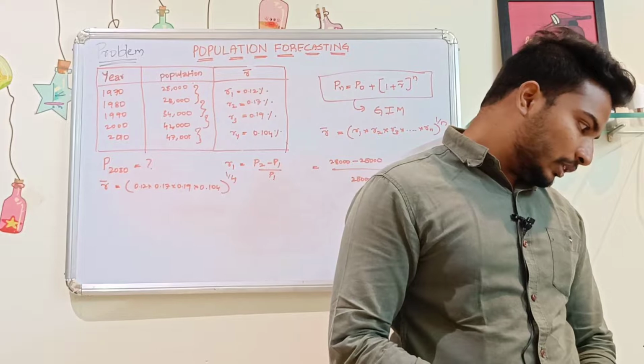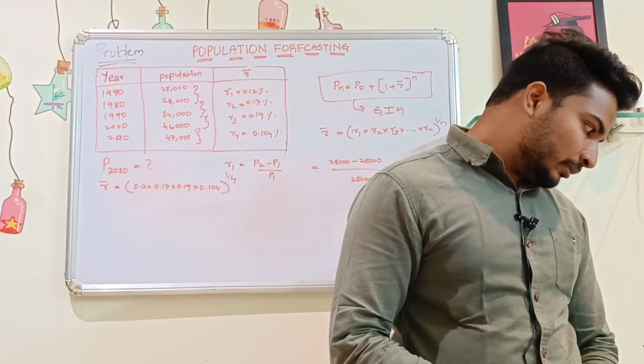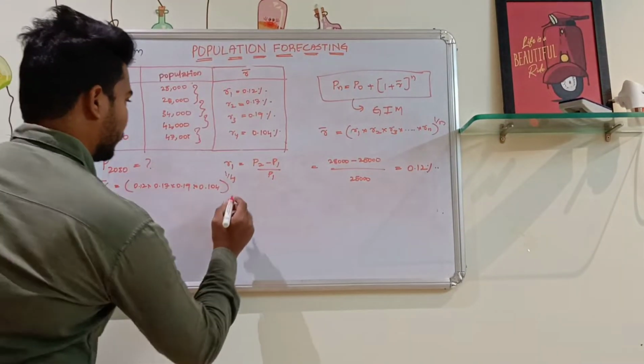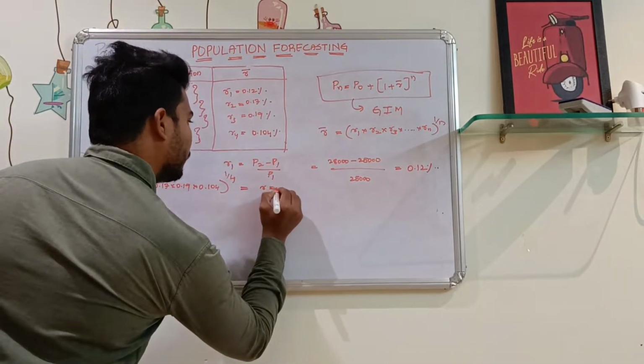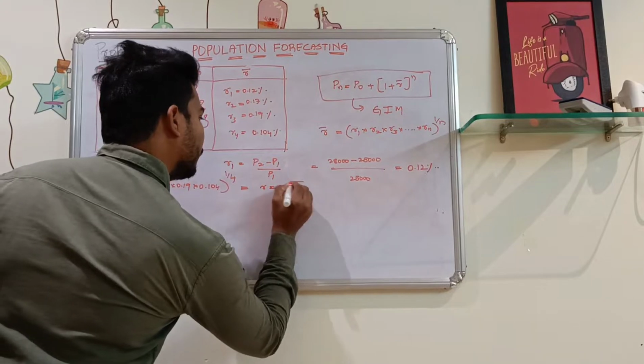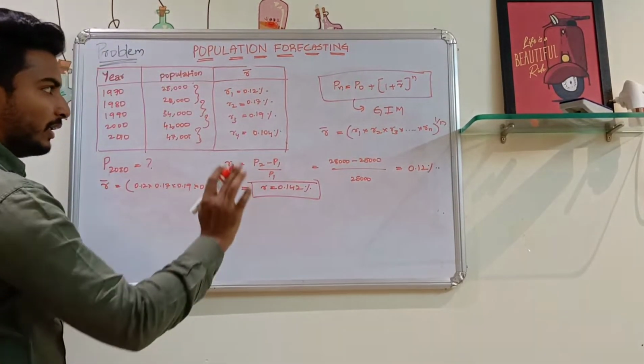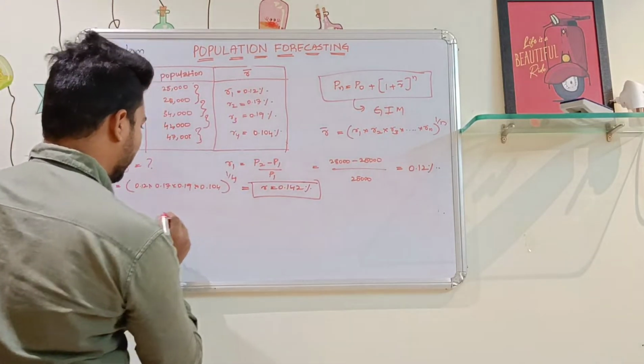Okay, how much R value are we getting? Yes, so R value is 0.142%.